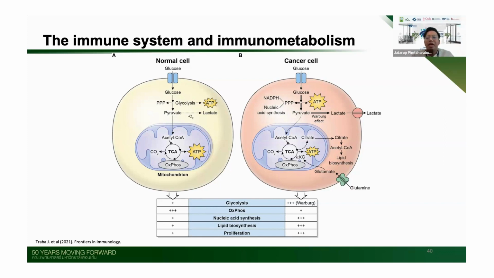So glutaminolysis generates glutamate, which is converted to alpha-ketoglutarate, a major substrate to refuel the TCA cycle. And that means the TCA cycle intermediate citrate, in this case, is exported to the cytosol, where it is converted to acetyl-CoA, used for synthesis of lipids.